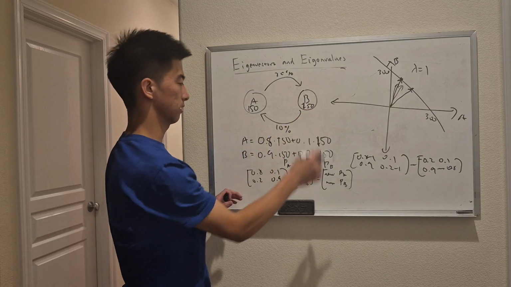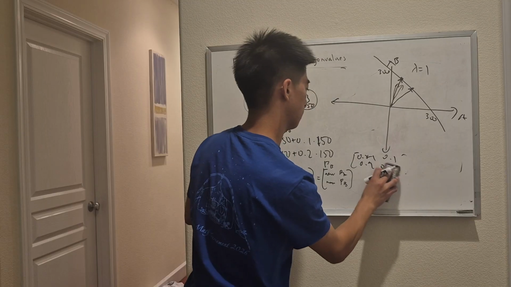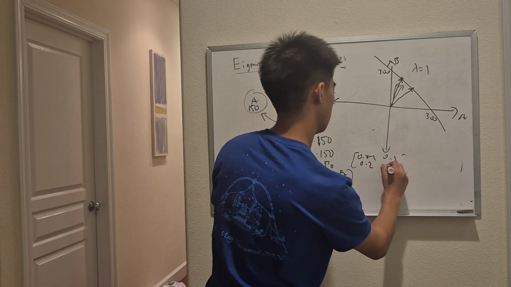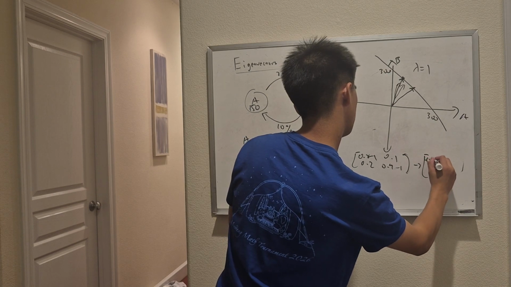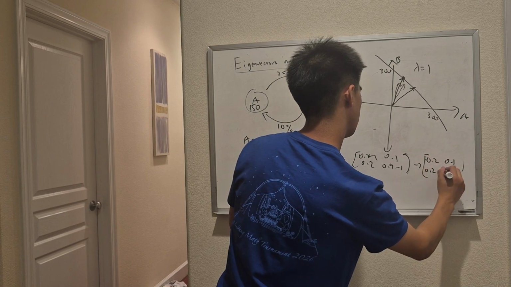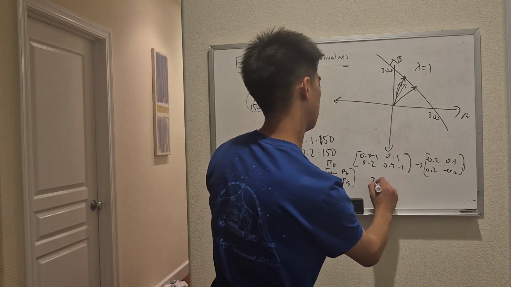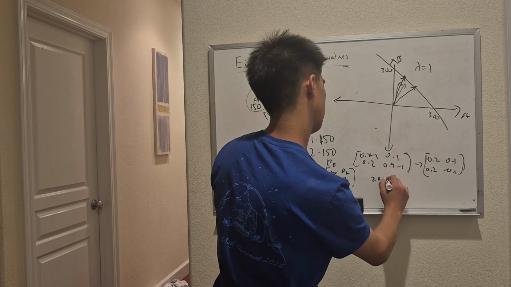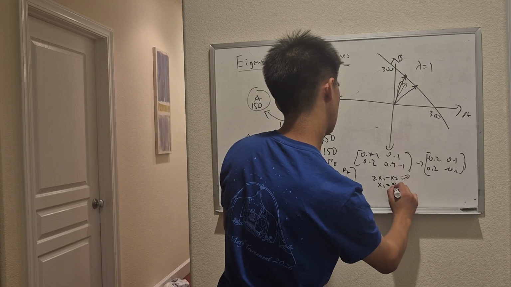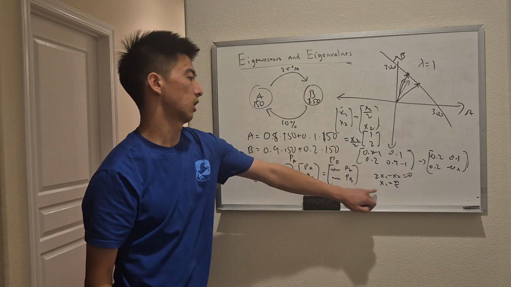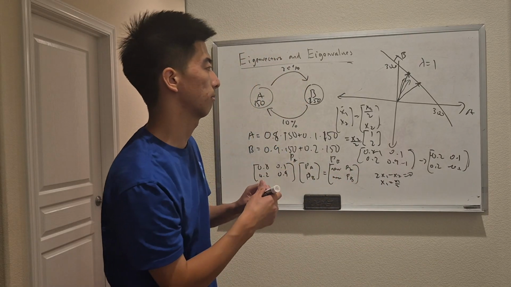And so we can subtract our identity matrix I, which then should give us negative 0.2, 0.1, 0.2, negative 0.1, and so we get a 0 row, and then we see that 2x1 minus x2 equals 0, so x1 is equal to x2 over 2. That means x1 is going to be half of x2, or bacteria B.